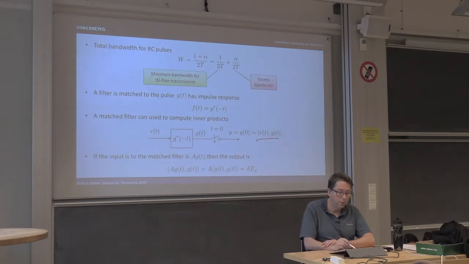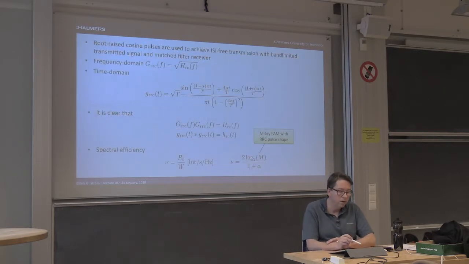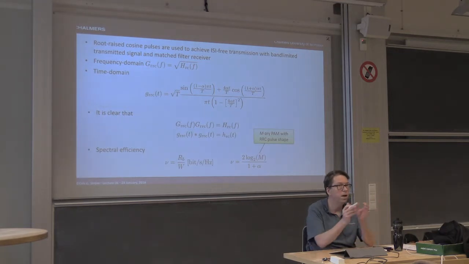But still, it begs the question, how should we then choose G in order to get intersymbol interference-free transmission? Well, we know that G times the impulse response of the receiver filter should be a Nyquist pulse. And one way to do that is to choose G as a root raised cosine pulse.